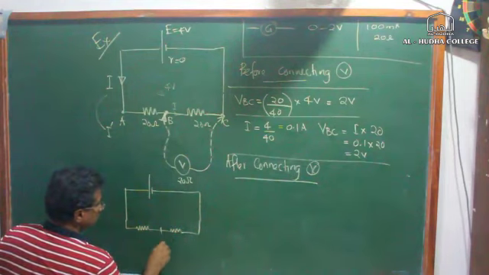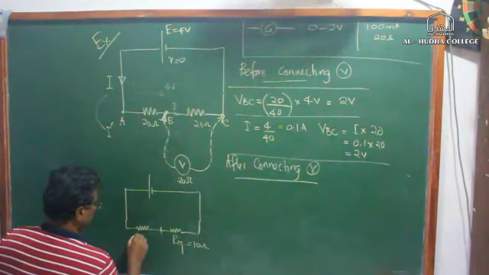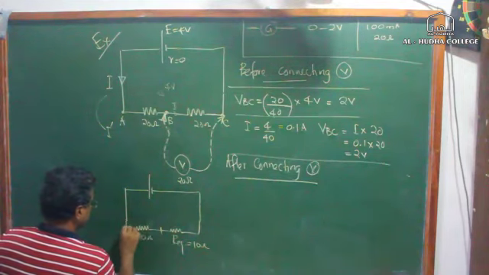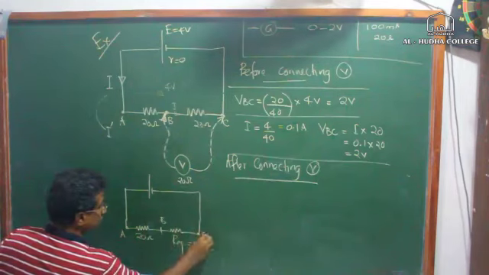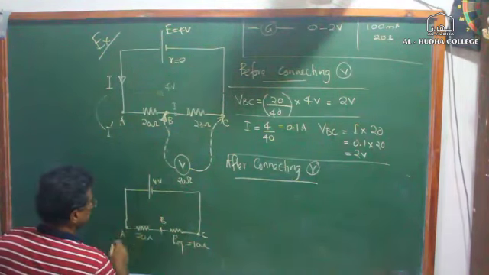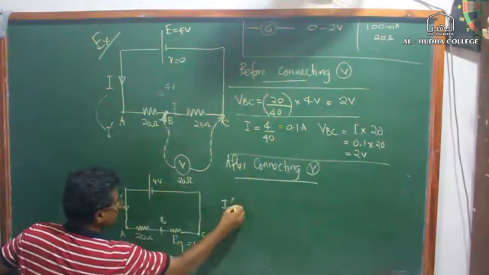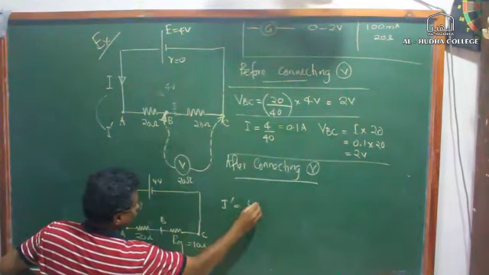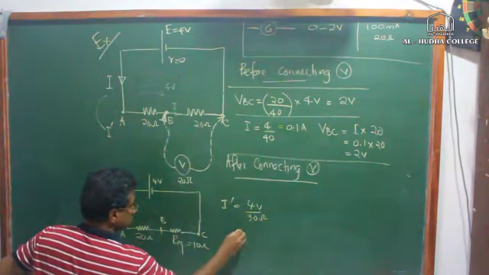If we redraw the circuit, R equivalent is 10 ohm, and this is 20 ohm, and we are asked to find the voltage between B and C. So this is 4 volts. Now I dash is 4 volts divided by 30 ohm.